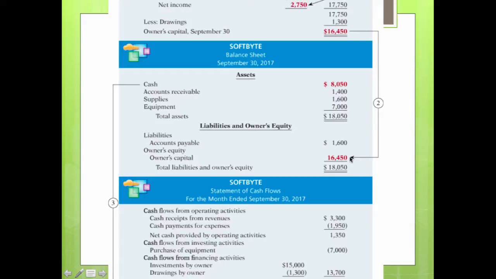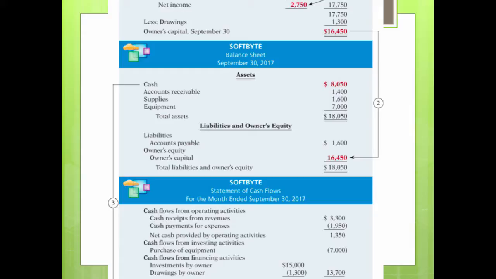We find the balance from liabilities and owner's equity right here. In this case, it's $18,050. And we compare it with the balance on assets. Now, the two balances or the values must be the same. Otherwise, that will tell you that there's an error and we need to fix it.